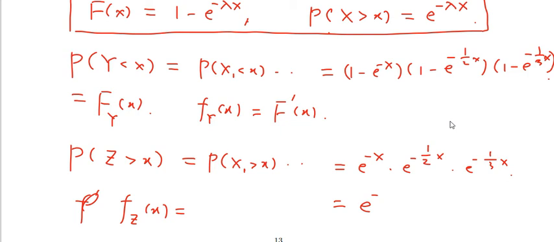So this equals 11 over 6. So the density function is 11/6 times e^(-11x/6).